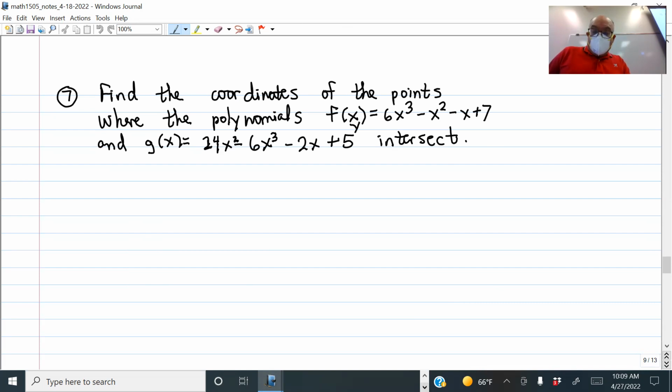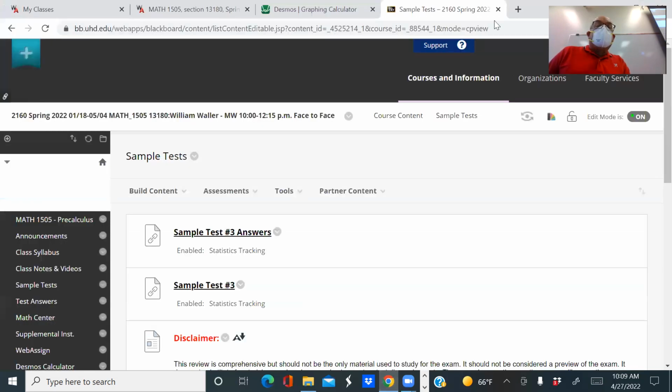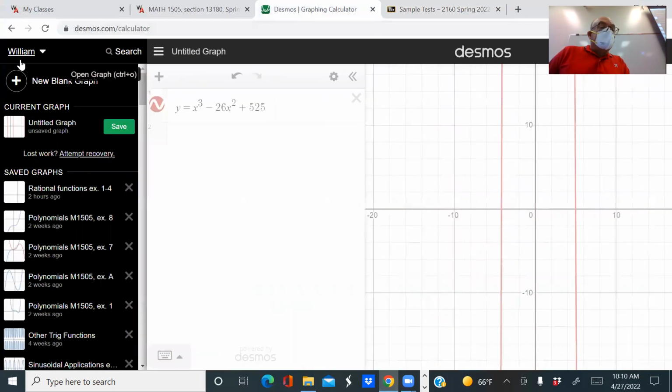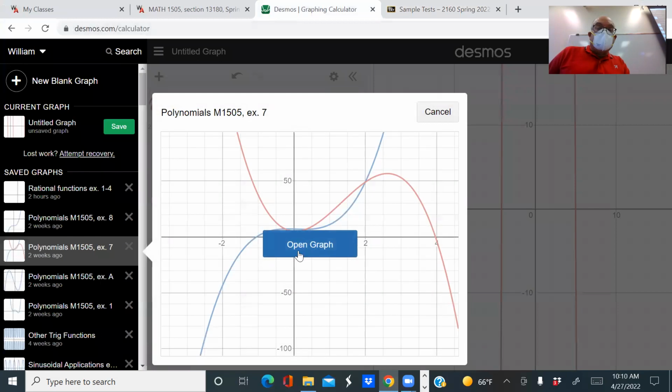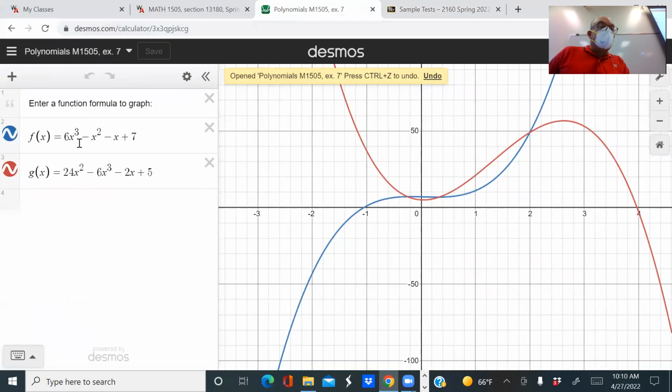I have made the graphs already, so let me see if I can find those. I graphed these in Desmos. I think it's this example. So there are the two functions, right?